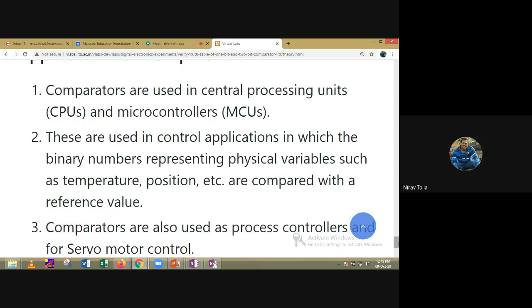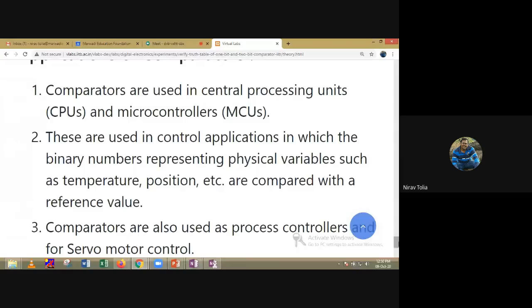Also, there are some physical applications of the comparator. You can take the example of an AC, air conditioner. Suppose your room temperature is 30 degrees, and you start your AC and set a temperature of 23 degrees. So what will your AC check?